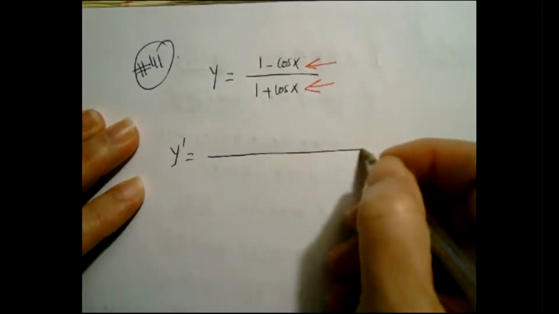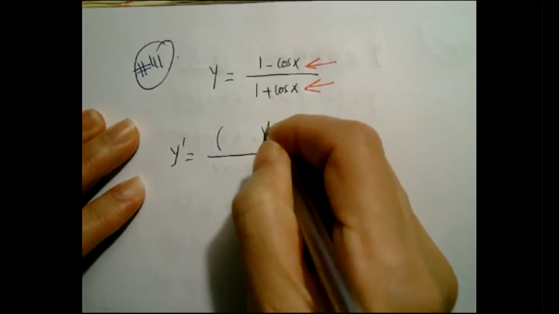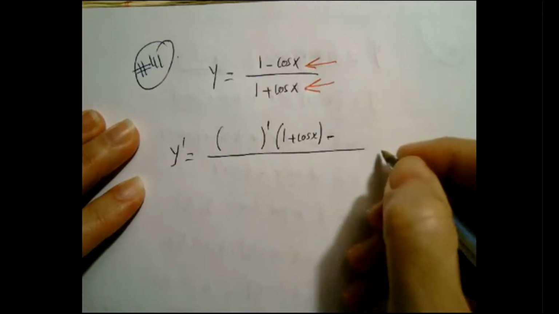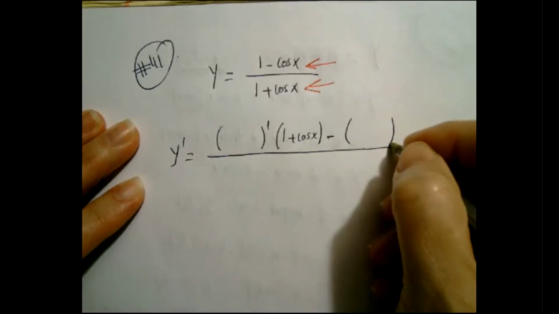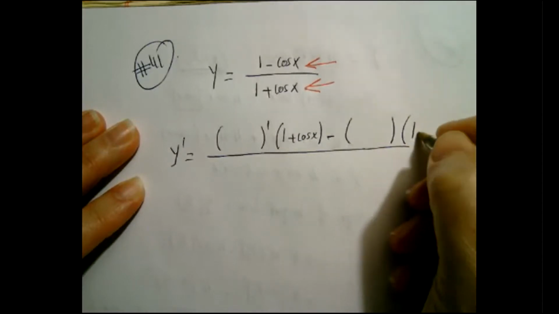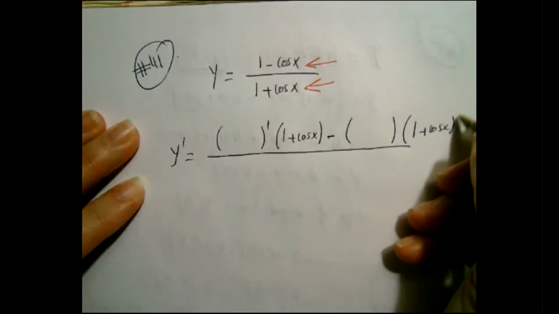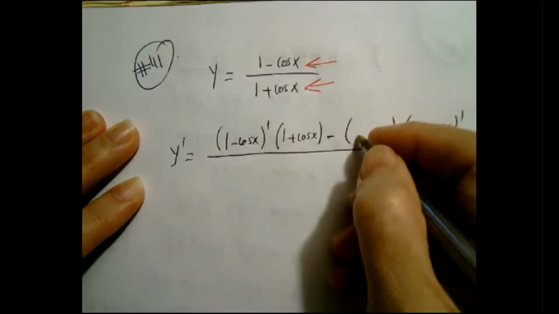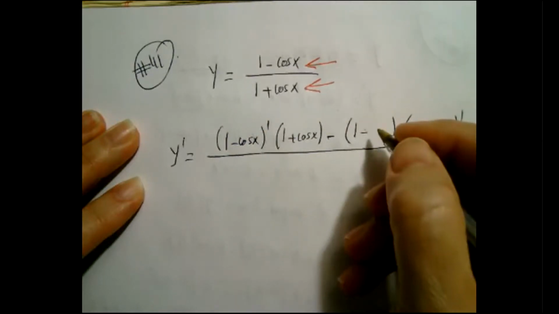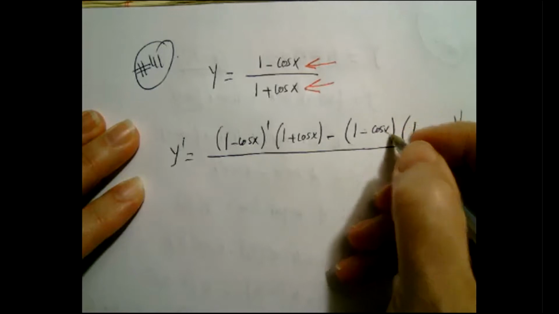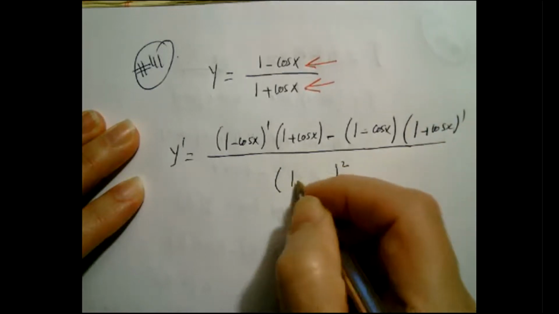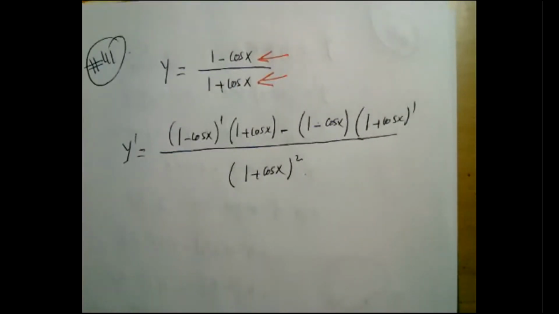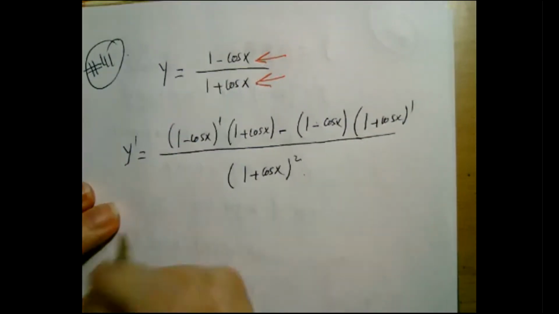So the derivative is the derivative of the numerator times the denominator minus the numerator times the derivative of the denominator, and the whole thing over the denominator squared. Okay. All right. So now the rest is finding each derivative by itself.